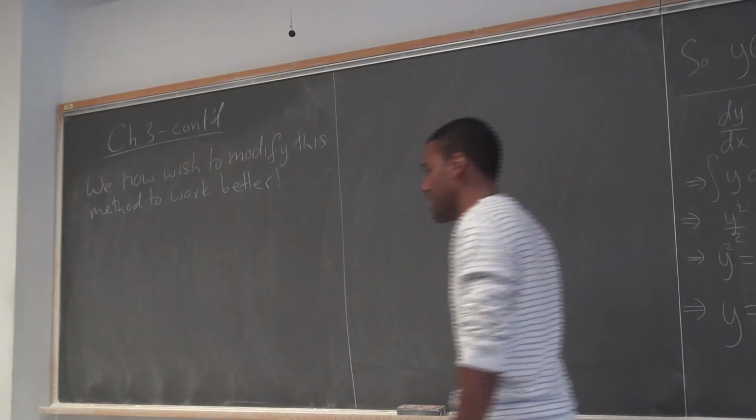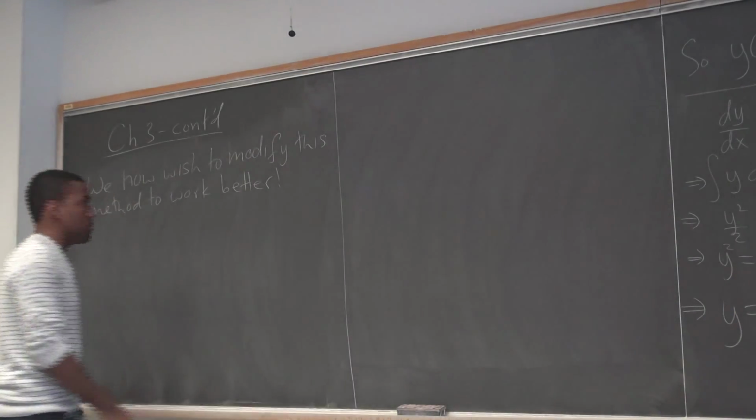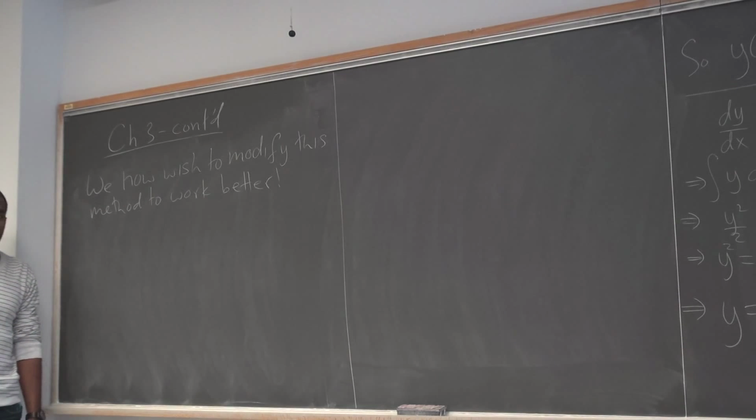Of course, you'd use a computer to do it, but sometimes the computer processing time on the CPU takes a long time to get any meaningful solutions. So getting a solution faster is often a priority, right? So what we can do is modify this method a little bit, which gets us to the modified Euler's method, which is what we're going to start now, but we're going to need a new equation before that.